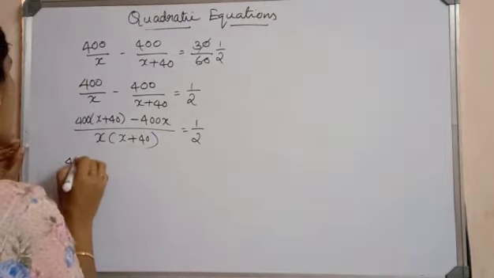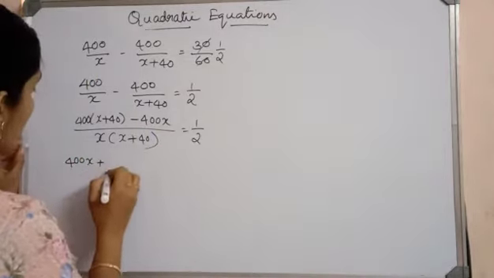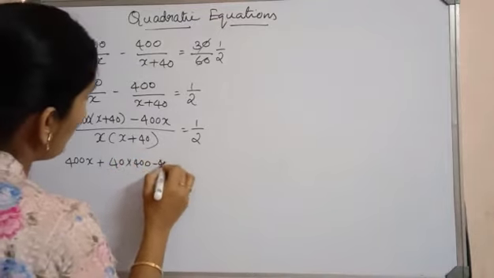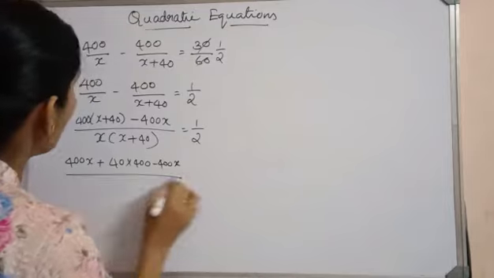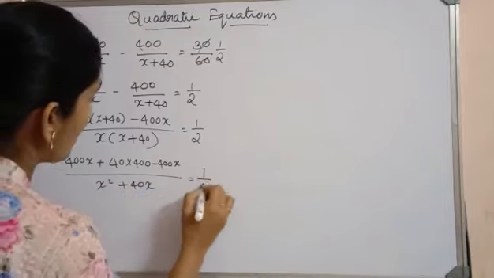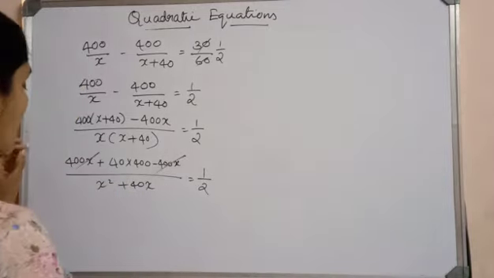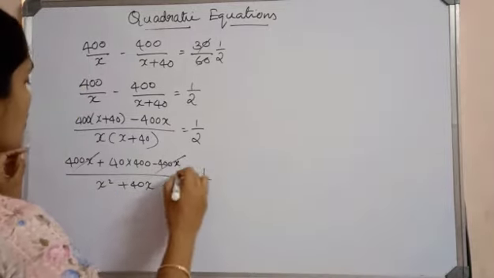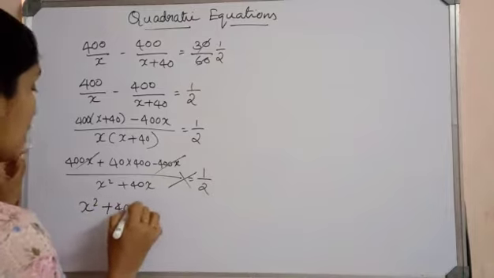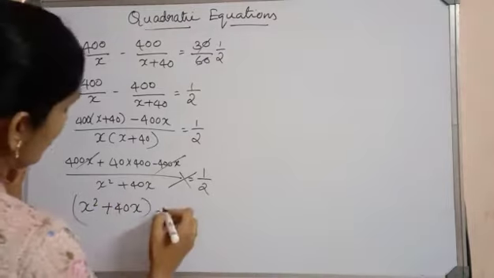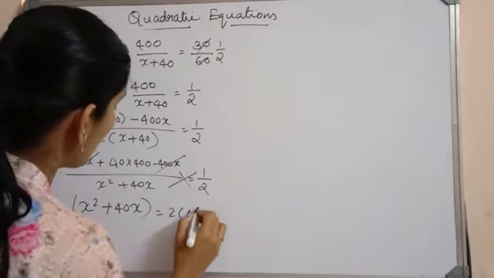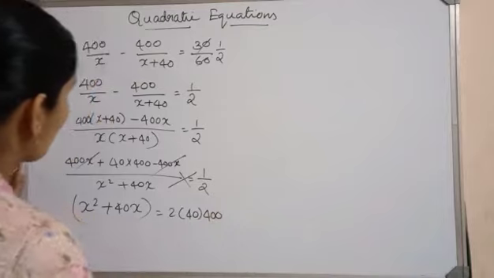So 400 into x plus 40 minus 400x, divided by x square plus 40x, is equal to 1 by 2. On cancelling and cross multiplying, we will get x square plus 40x is equal to 2 into 40 into 400.